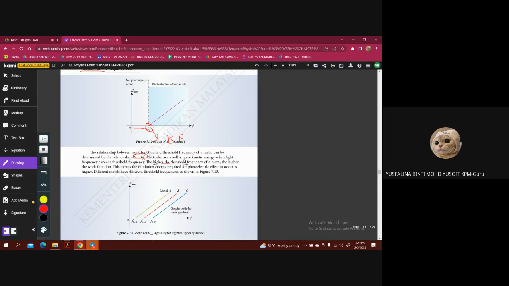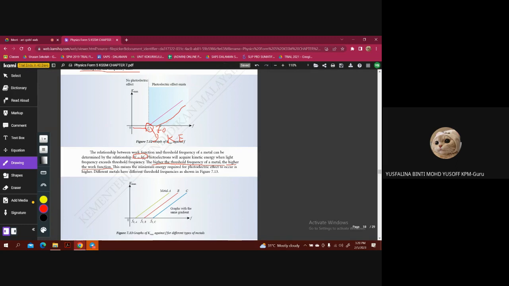The higher the threshold frequency of the metal, the higher the work function, of course. So if your f0 is here, it means it needs more frequency, because from here to here, of course, the number is increasing.